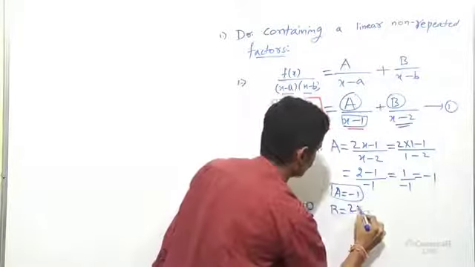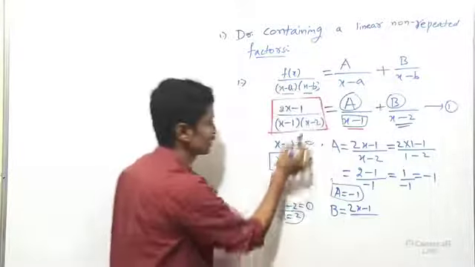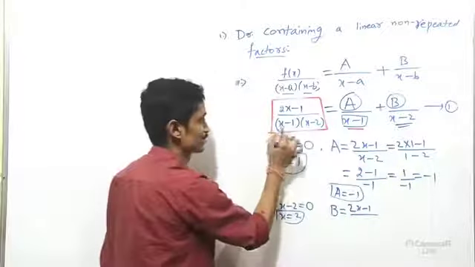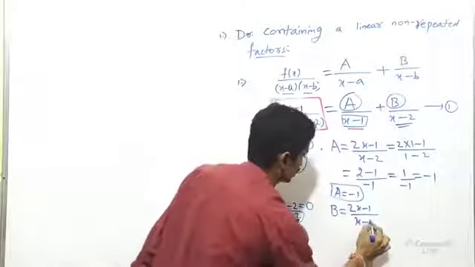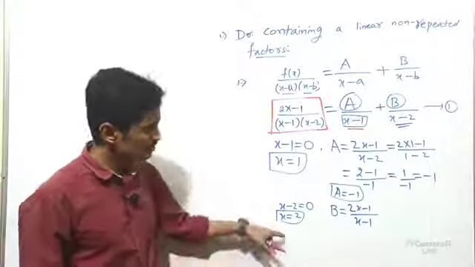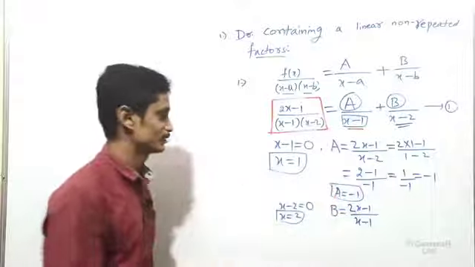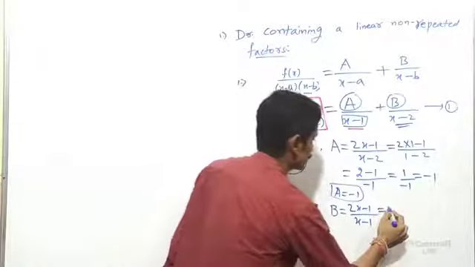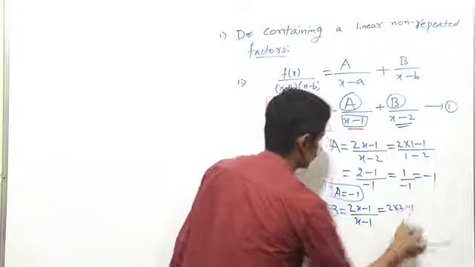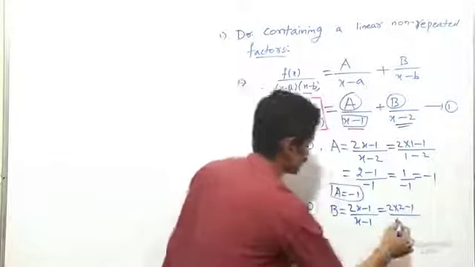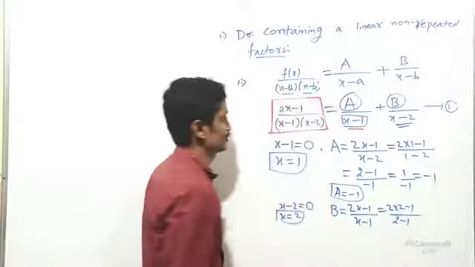That is 2x minus 1 divided by, what is left out? x minus 2, leave it. What is left out? x minus 1. The further step is what? Just replacing the x value, then easily you will get your answer. 2 times 2 minus 1 divided by 2 minus 1.